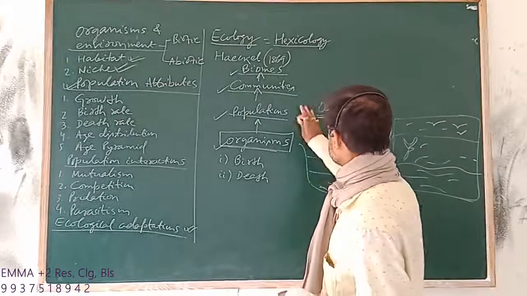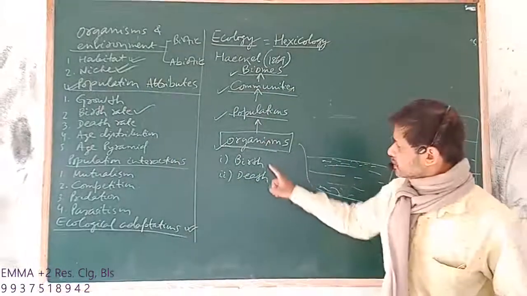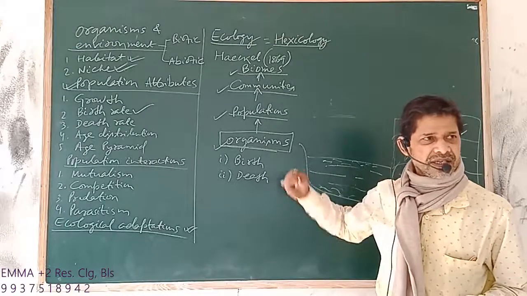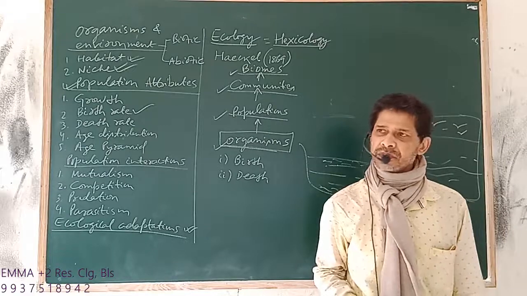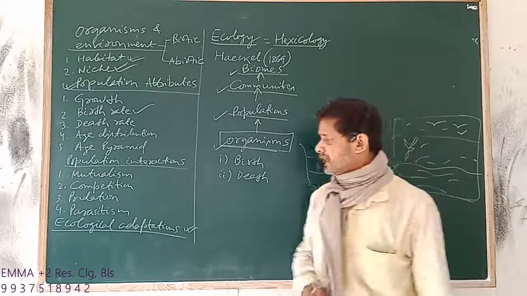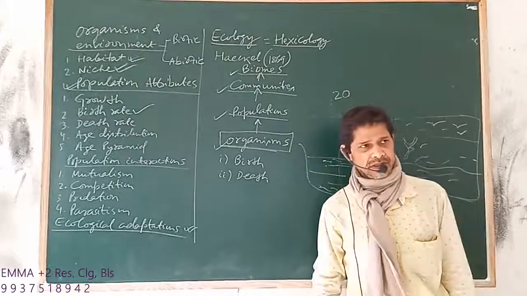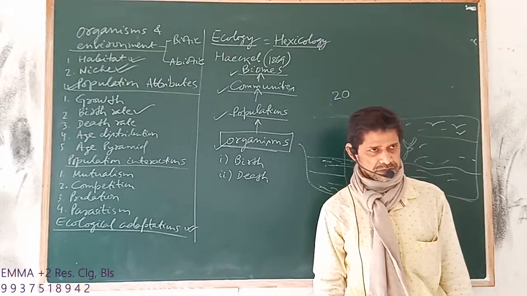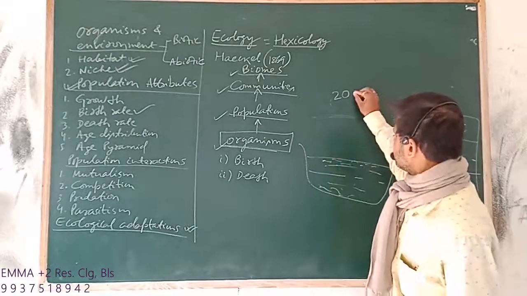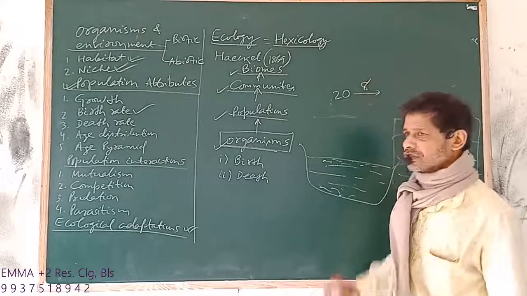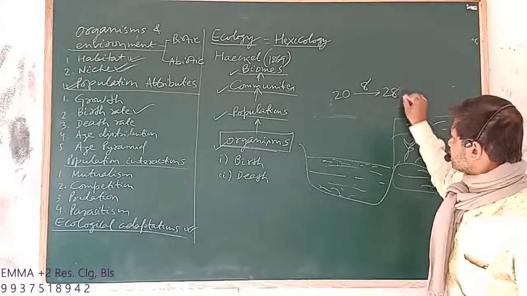A characteristic feature of a population can be birth rate. So not birth, birth rate means per capita birth. Per capita means, in a population, suppose there are 20 lotus plants in a pond population. In the next year, by means of reproduction, we got 8 extra plants. So the total population becomes 28.